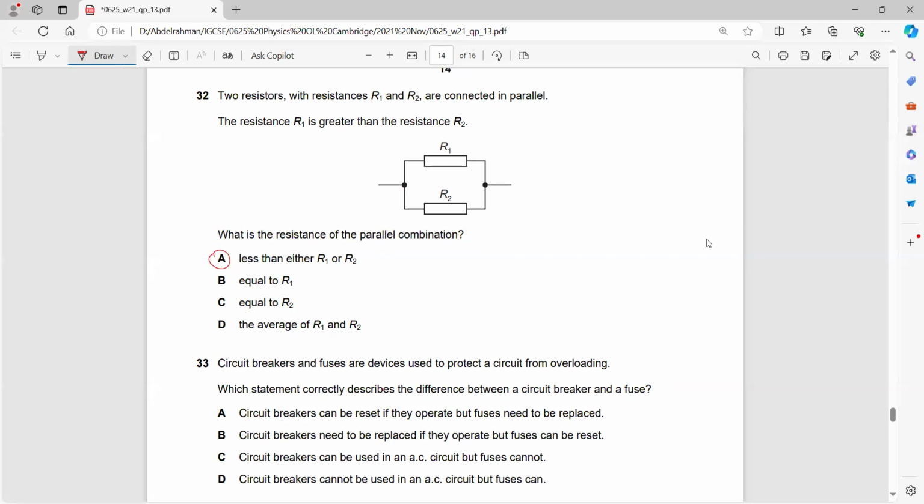For example, if R1 was 5 ohms and R2 was 100 ohms, the total resistance has to be less than 5 ohms. You're not required to calculate the total resistance, you just need to know that it would be less than either R1 or R2.